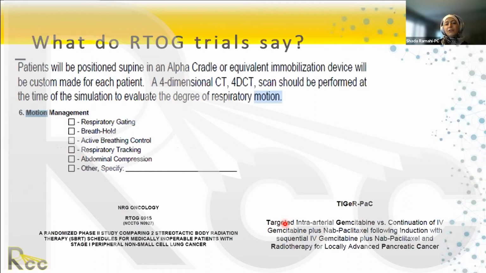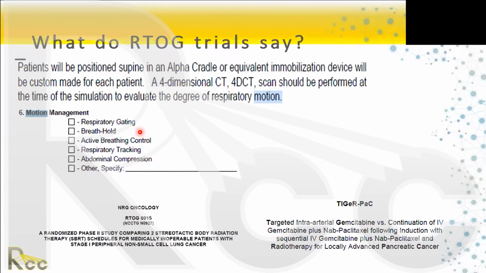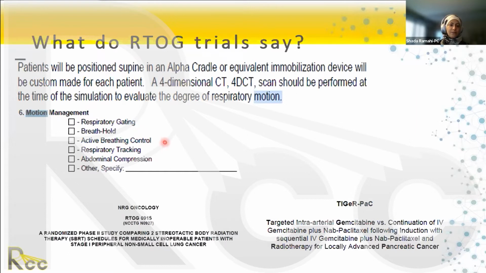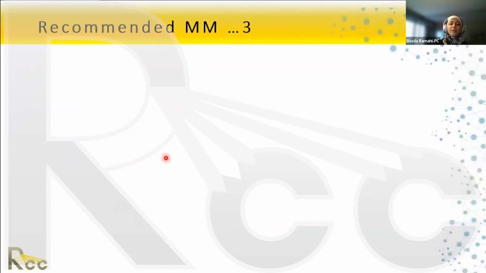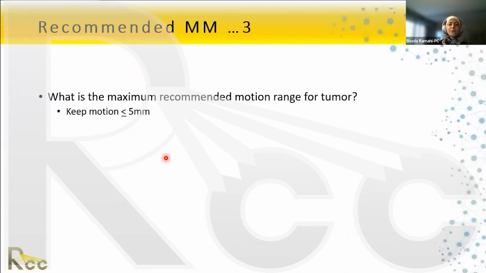Now, as I said, RTOG does not use the concept of full range ITV as motion management. What they look for is either gating or breath hold. And notice how breath hold here doesn't indicate maximum inhalation or maximum exhalation, as long as it's breath hold. You could also use ABC, respiratory tracking, or abdominal compression. The idea here is that we're trying to limit motion range of the tumor to 5 millimeter or less.